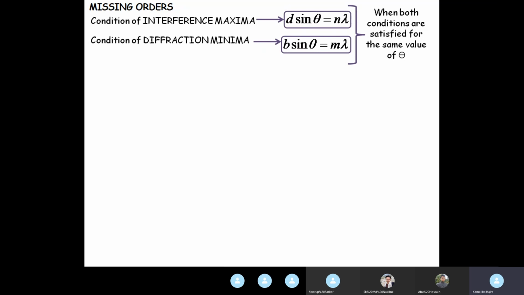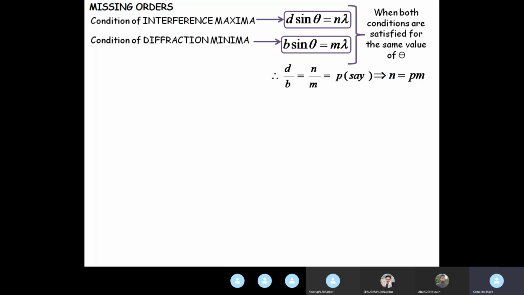And for the mth order of diffraction pattern, we are getting b sine theta equal to m lambda, the minimum. Now, if you take the ratio of these two expressions, you get d by b equal to n by m. Now, n and m are integers, so we can write n by m equal to some integer p. So we can write n equal to p times m.